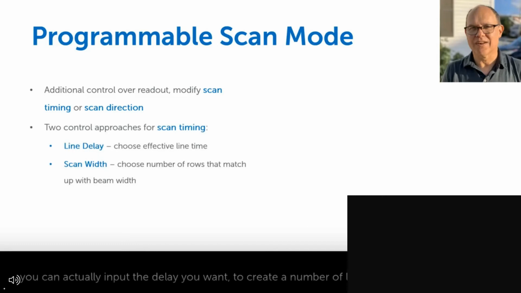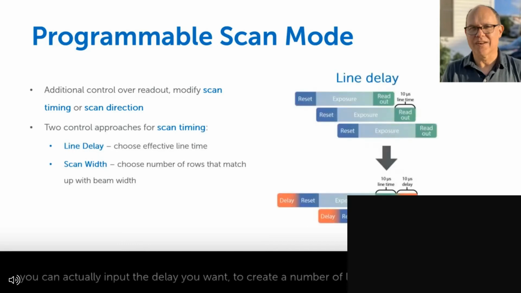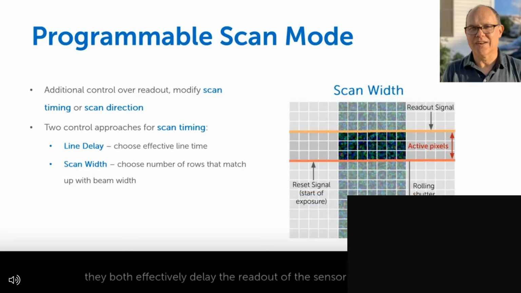You can input the delay you want to create a number of lines that would be integrated, or you can just say, I want so many lines. They both effectively delay the readout of the sensor so that you get a band of collection versus a full frame of collection that rolls down the sensor as your focused region or your pencil beam scans the sample.